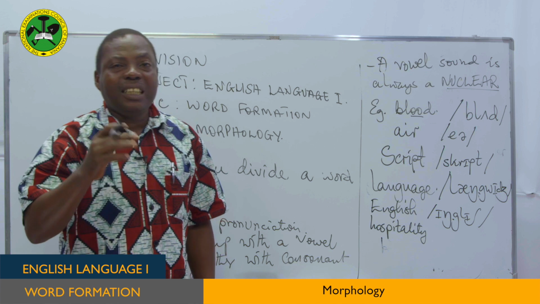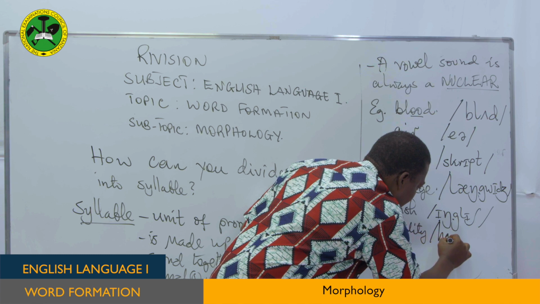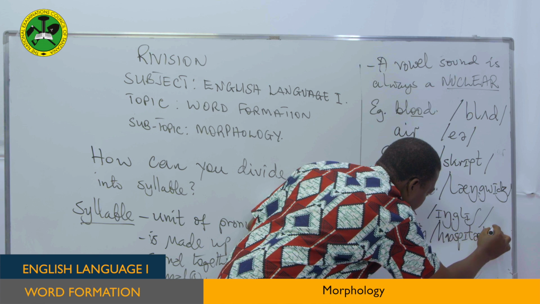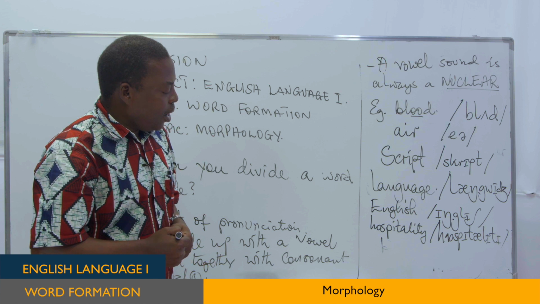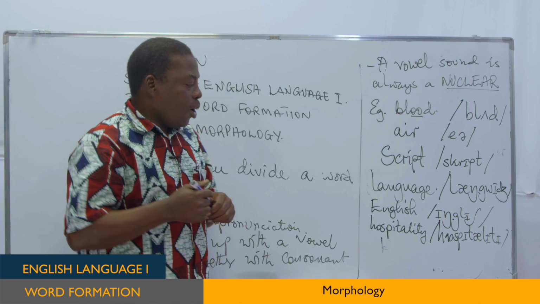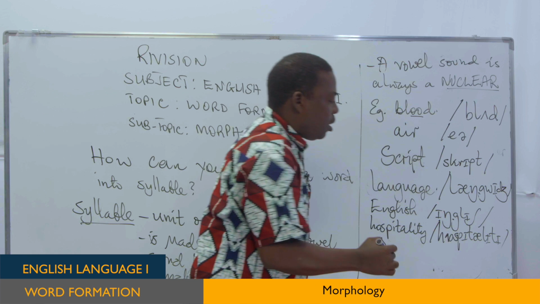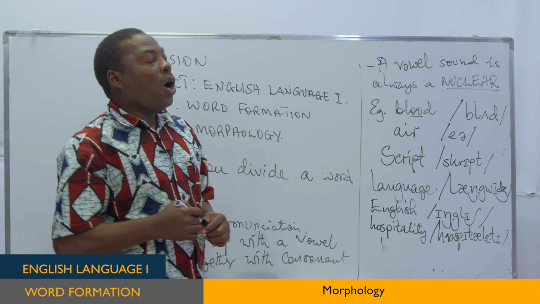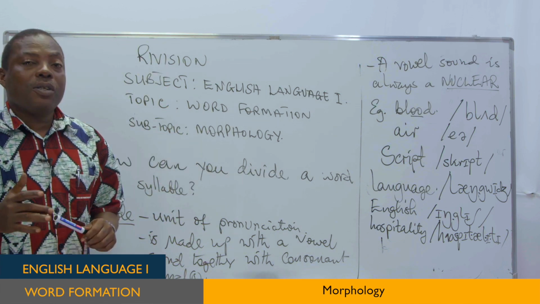That is hospitality. And where do I put my syllabic division? Of course, hos. The first syllable ends here. Hos. Pit. Al. Iti. So it is hospitality. That's how we can make this syllabic division.